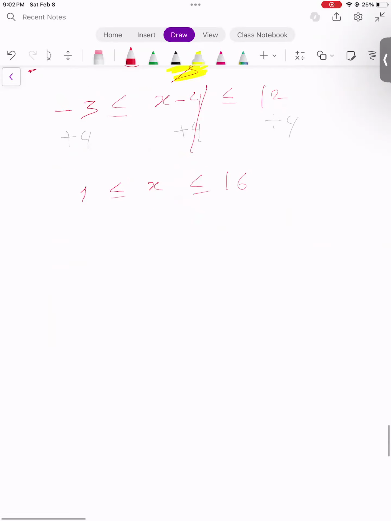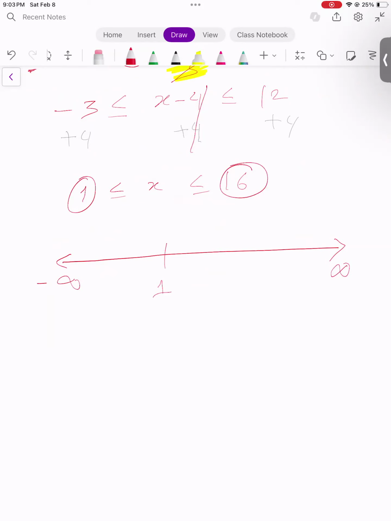Now this is the solution, and we want our solution in interval notation. On the left we have negative infinity, on the right we have positive infinity. Let's say 1 is here and 16 is somewhere here. Since x is greater than or equal to 1 and less than or equal to 16, we are using closed circles, and closed circle means bracket.